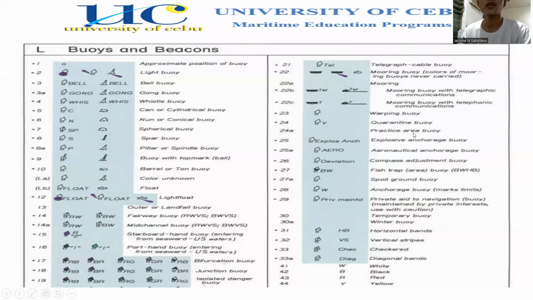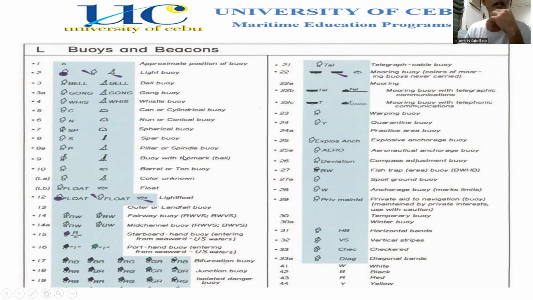We have the quarantine buoy, practice area buoy, and floating buoy. And the common buoy, the pillar buoy.